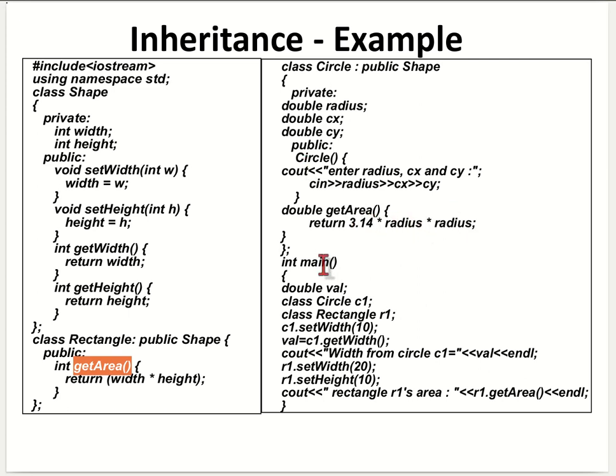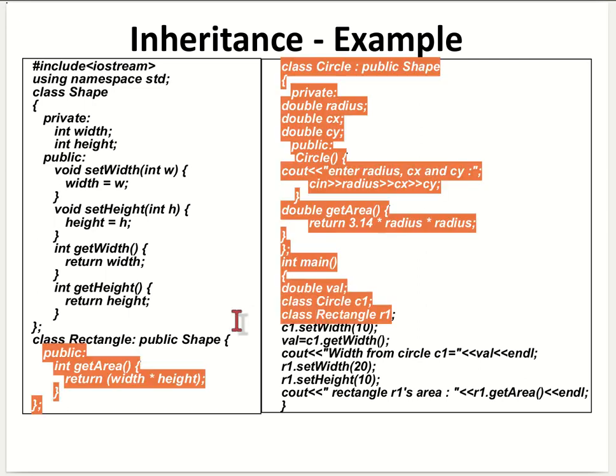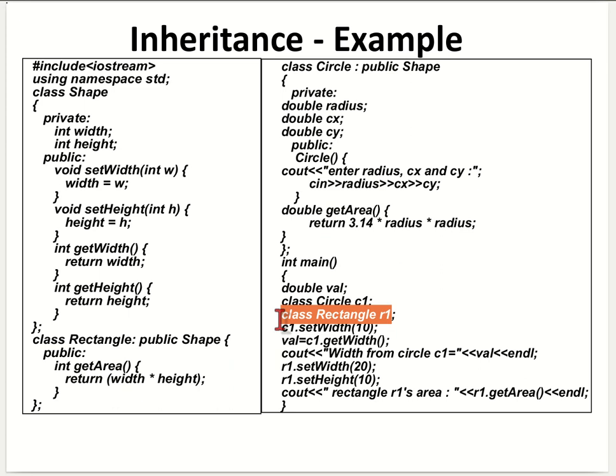Here we have created the circle object C1, and R1, which is a rectangle object. We have mentioned public, so all these public functions are available in circle as well as rectangle objects.